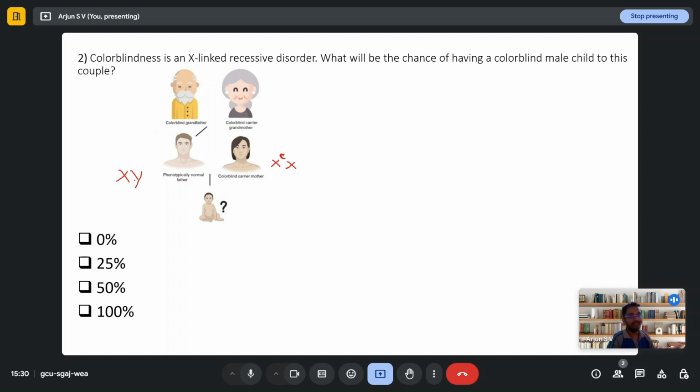If it's a male child, the Y chromosome comes from the father and pairs with either of the mother's X chromosomes, so the only possibilities are X^C Y and XY. XY will give rise to a normal male child, whereas X^C Y will give rise to a colorblind male child. So the chance of having a colorblind male child is 50%, which is option C.